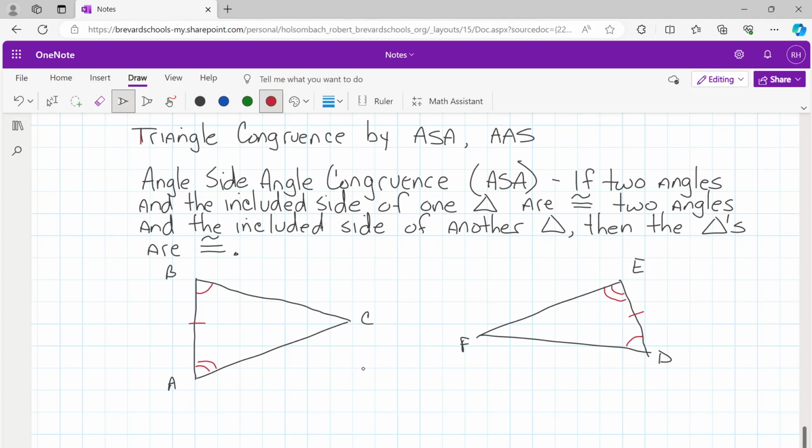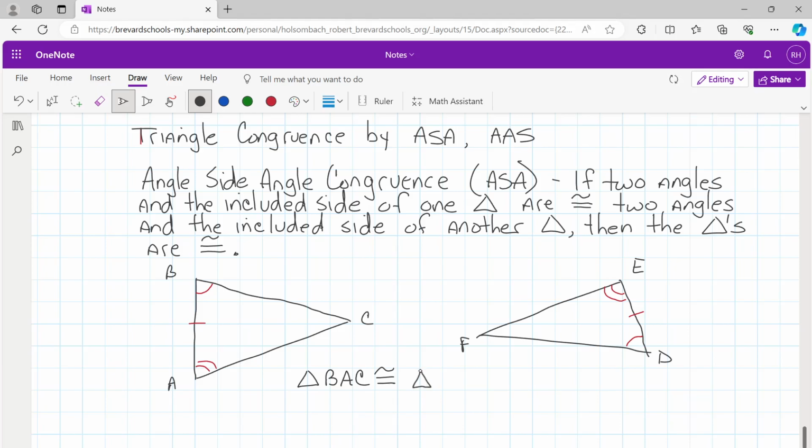All right, so if that's the case, then we can say that triangle, I'm going to call the one on the left BAC, is congruent to. If we started with the B on the triangle on the left, what vertex do we start with in the triangle on the right?